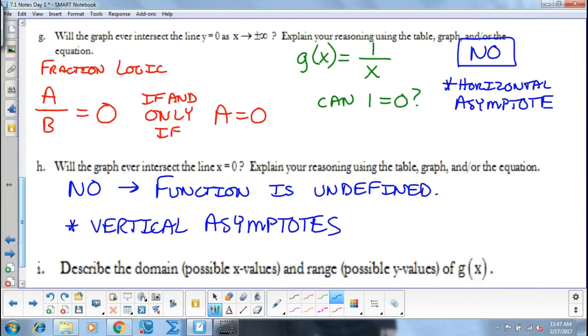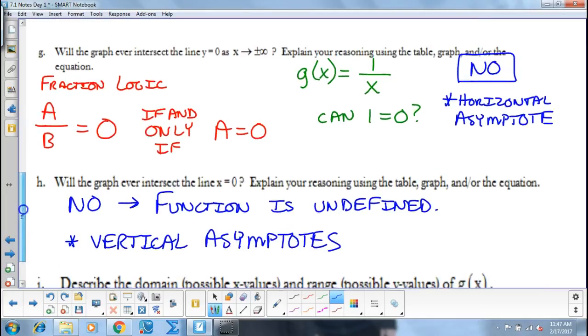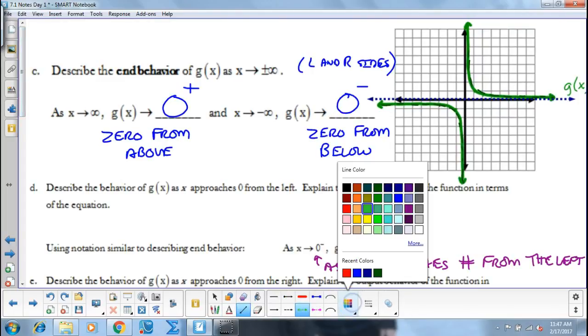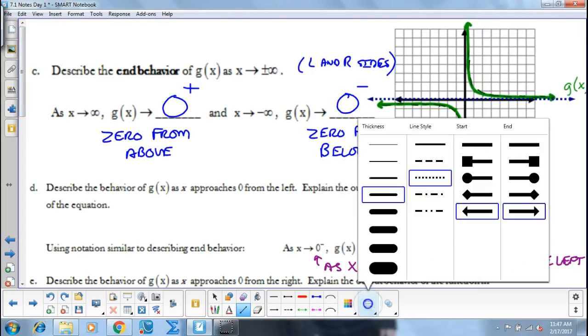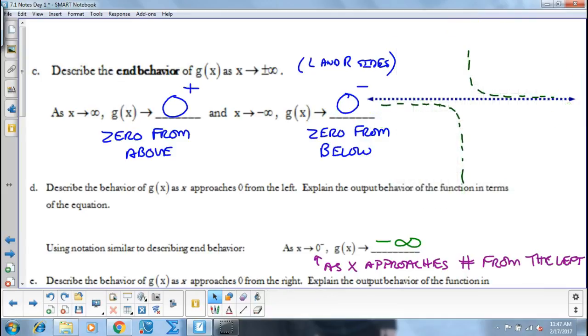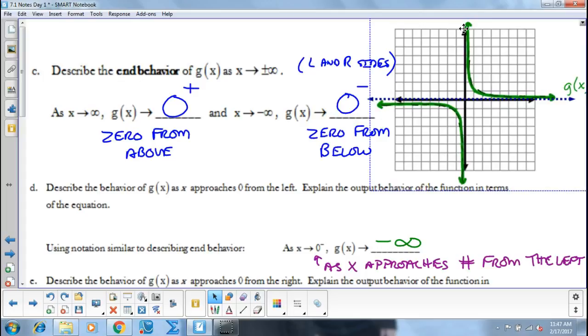Okay? Vertical asymptotes also go on your graph as dashed lines.